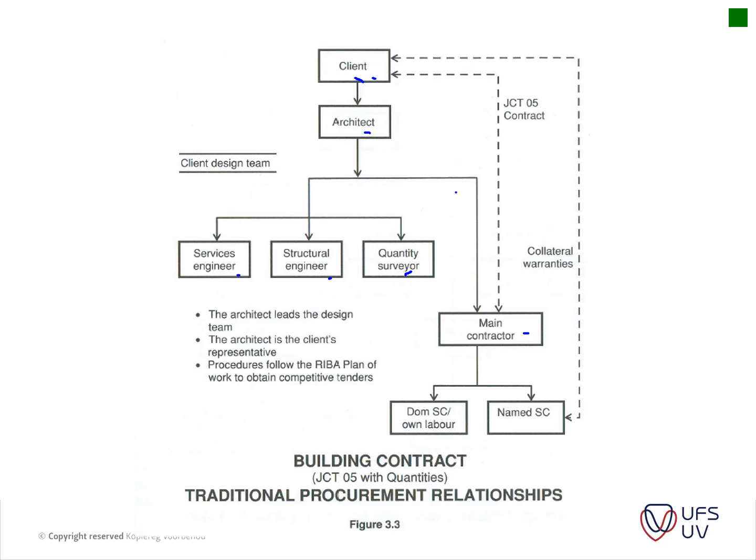So the appointment is still between the client and the contractor. This is just usually the inflow of information that they're depicting here. You will see in the descriptions how it works, and then you've got your contractor with his different subcontractors, who have a contract with the contractor and not with the client.